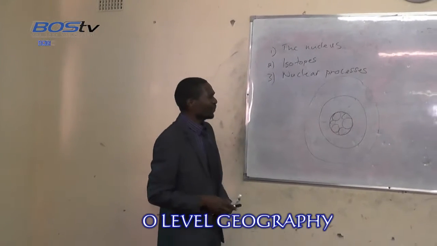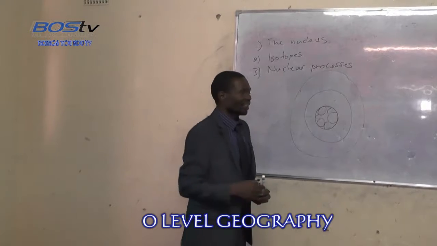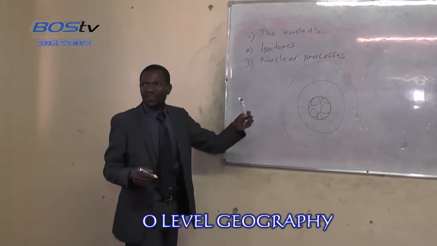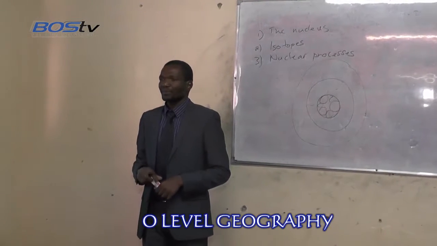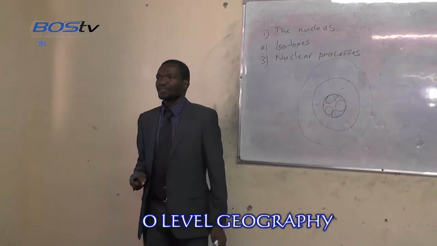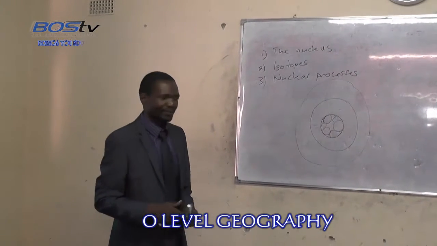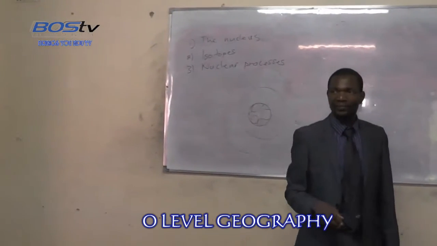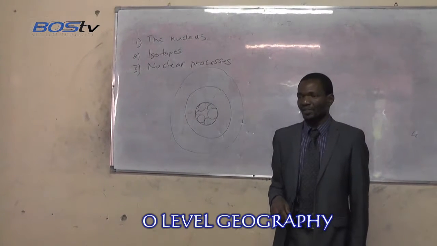Right, fine. The other important aspect which you must know, which is assumed knowledge, is isotopes. Who can define isotopes? Rebecca: Atoms of the same element with the same proton number but different neutron numbers.